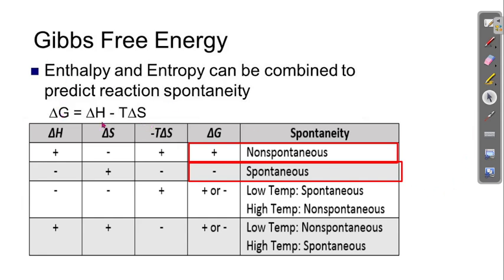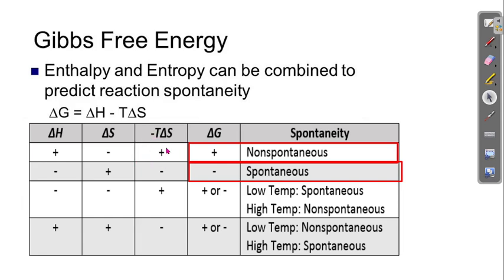So both are taken into consideration to decide if a reaction is going to proceed or not, spontaneous, if it's going to happen or not. So by looking here, if your enthalpy is positive, your entropy is negative, so it's losing chaos, which is not good.